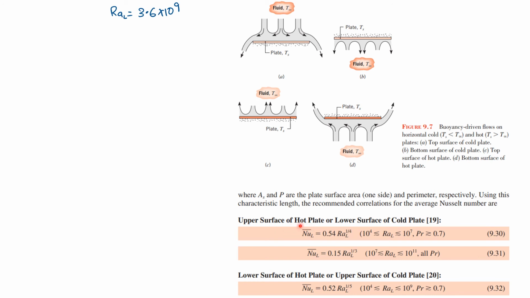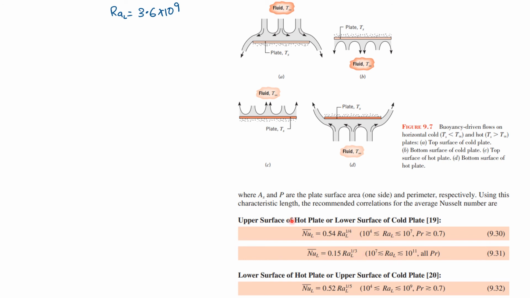So our upper surface is hot, and you see that these correlations will also be true if the lower surface is cold. So that means it will be similar to scenario B, the bottom surface.